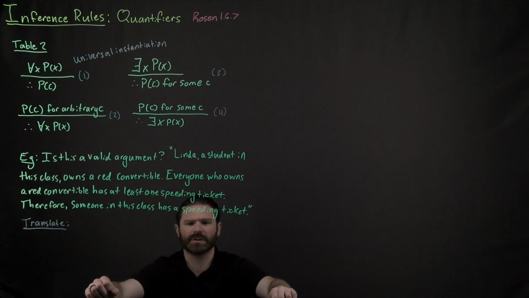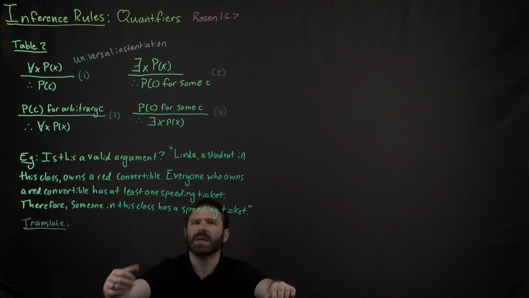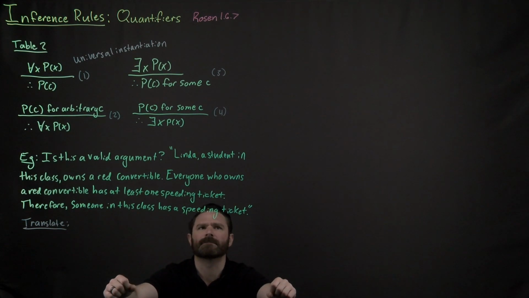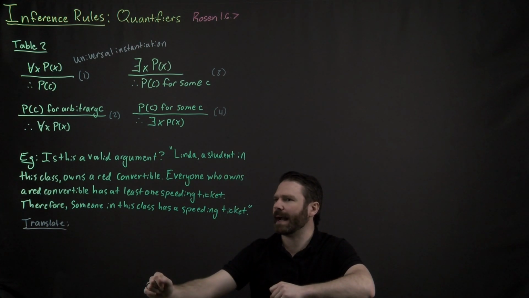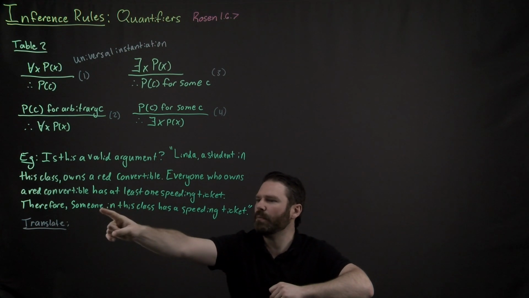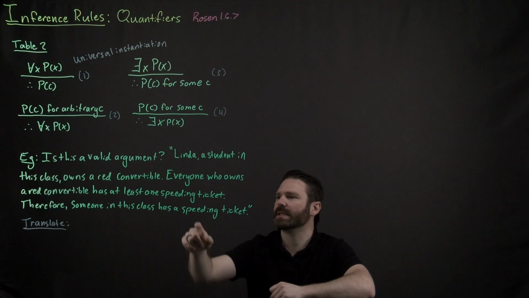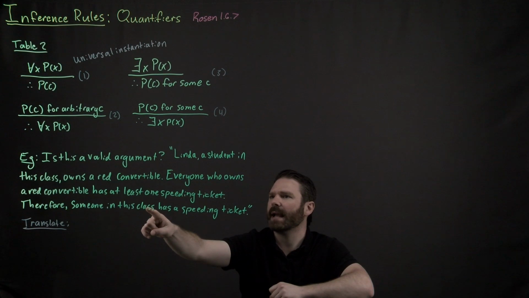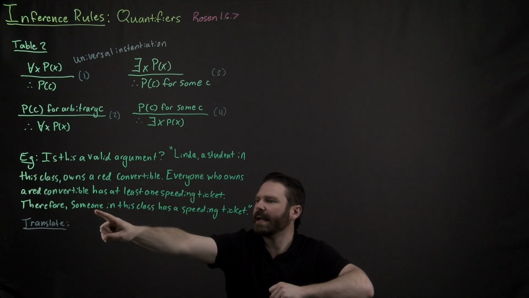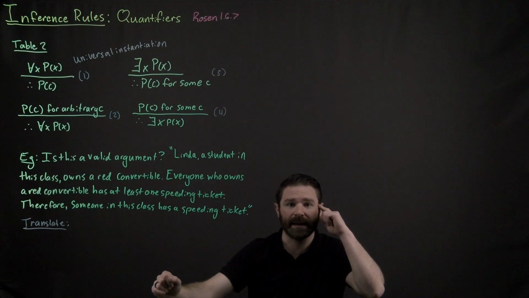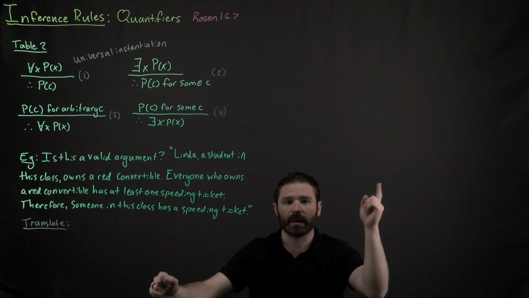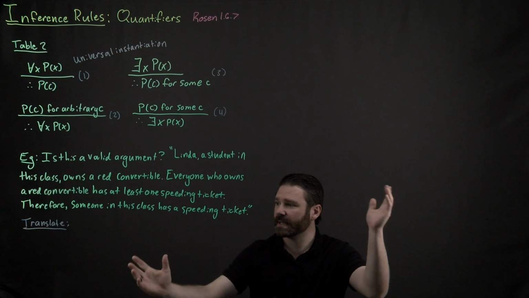So what are we going to do for our translation step right here? Well, Linda, a student in this class, owns a red convertible, and so on. Someone in this class. I see "in this class" applies both to Linda and someone in this class right here. So that makes me think that I'm going to have a propositional function that represents being a student in this class.